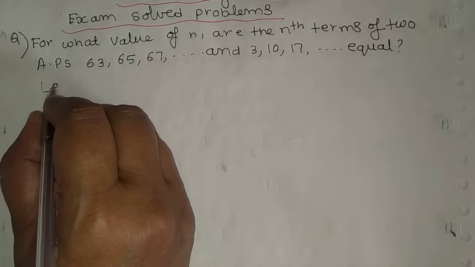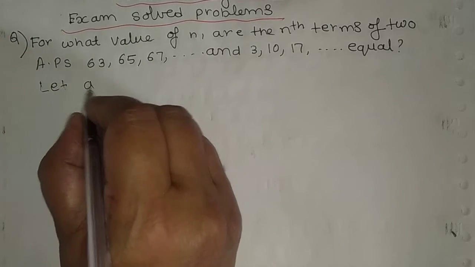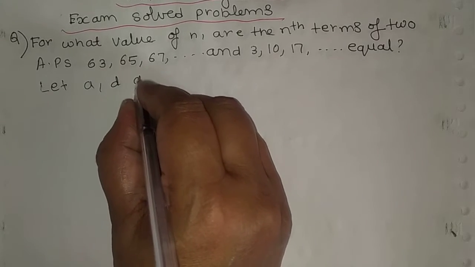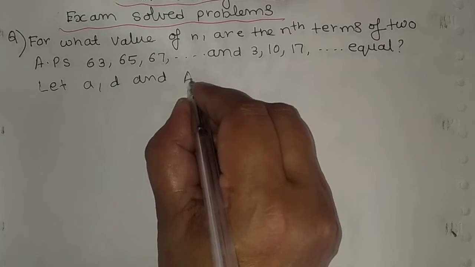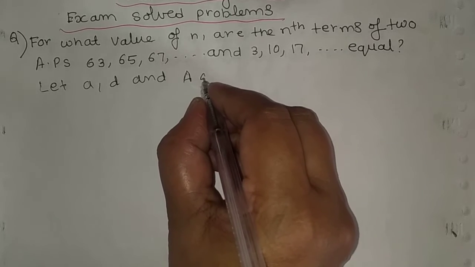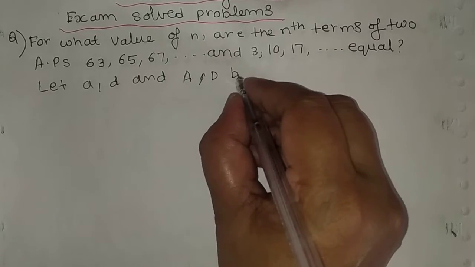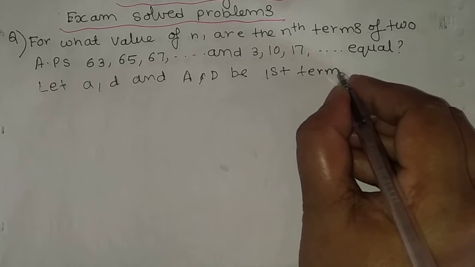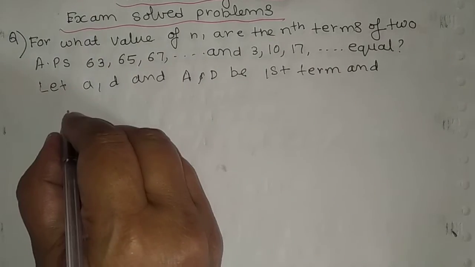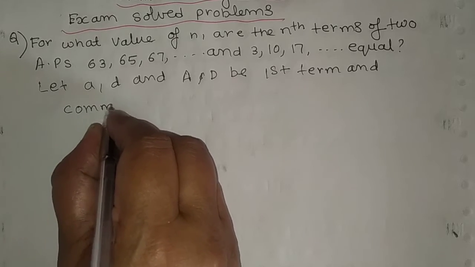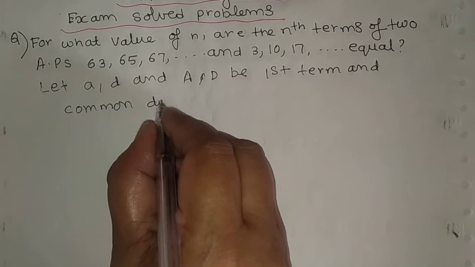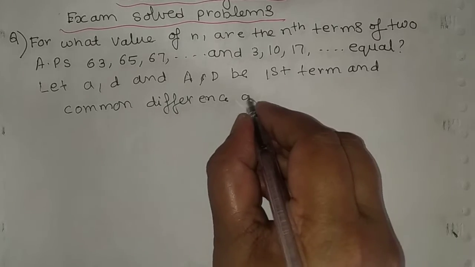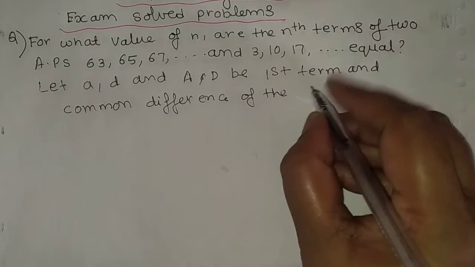So first step is, let capital A and D, and small a and d, be the first term and common difference of the 2 APs respectively.